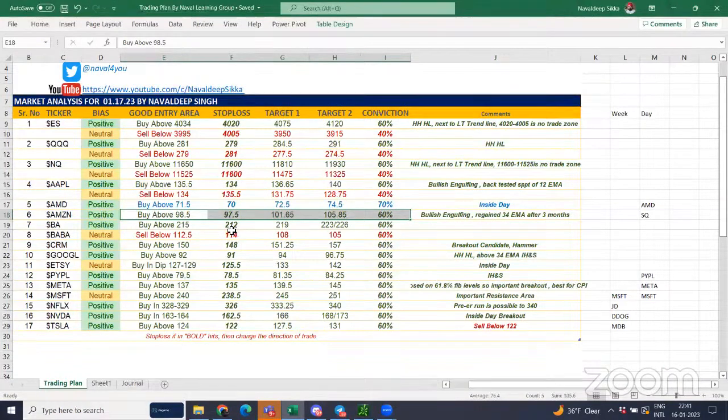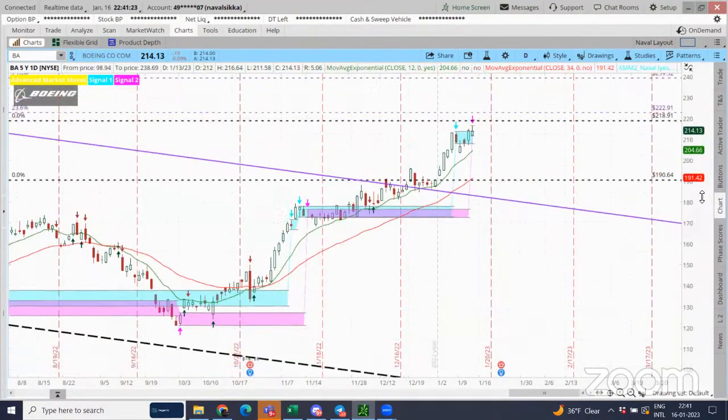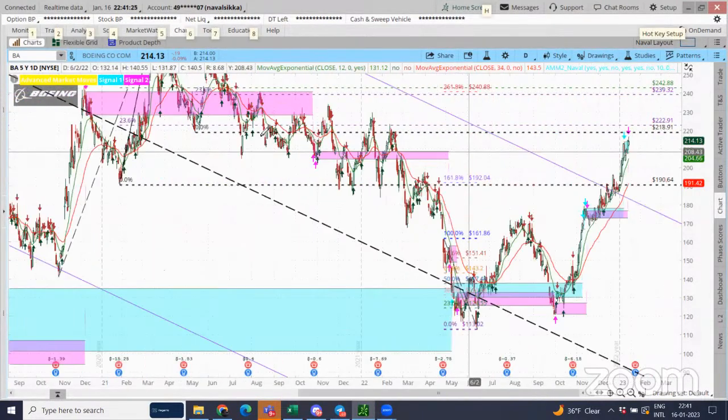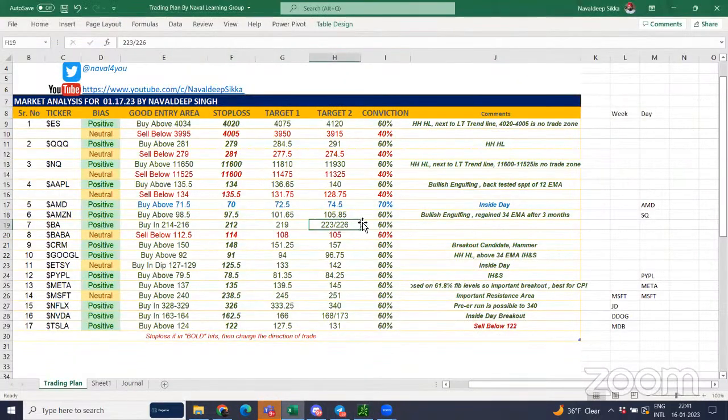In case I want to buy this in the range of 214 to 216, I think we are very positive on Boeing. I want to see 219, 222, and then there was resistance at 226, 227, 228 in fact. So it's 228.